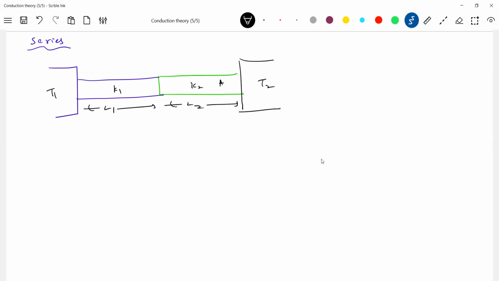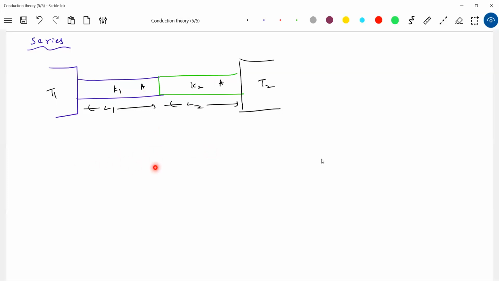Area of cross section, let it be the same. This is made up of iron. This is made up of copper. We know copper is costlier than iron. So I want to replace this with an equivalent rod which will be cheaper. So let's take steel. Steel will be cheaper than iron again.